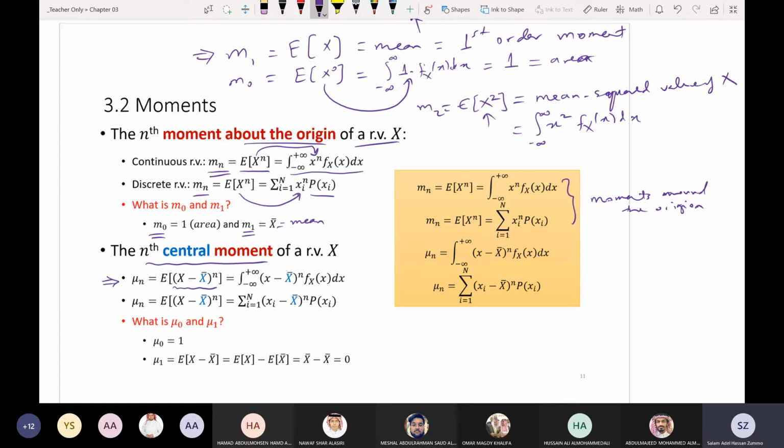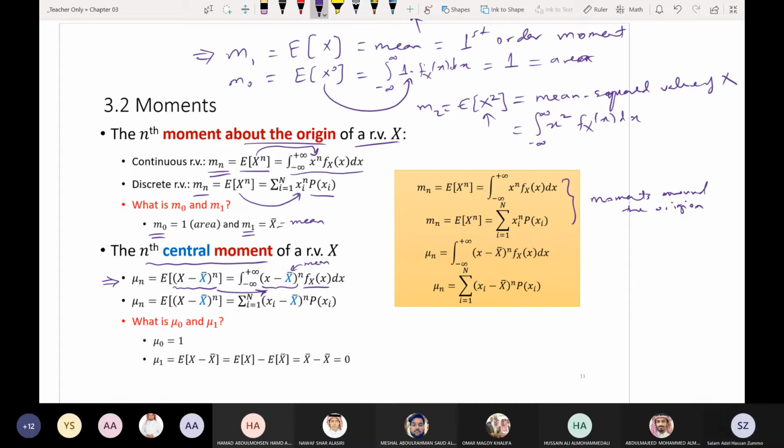To calculate this, we have the PDF, and we multiply it by whatever is inside the expectation, which is small x minus the mean to the power n. And because of that, we call it central moment, because we are subtracting the center of the PDF, which should be the mean most of the time.